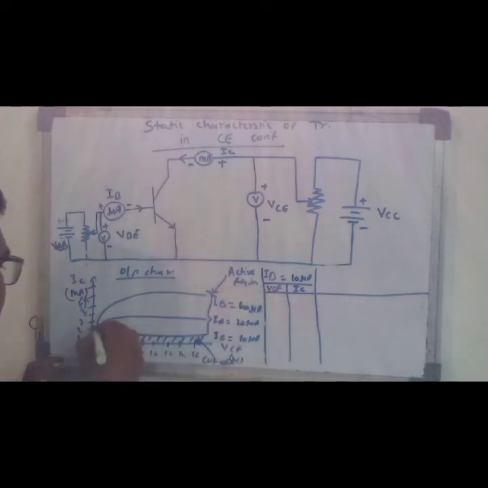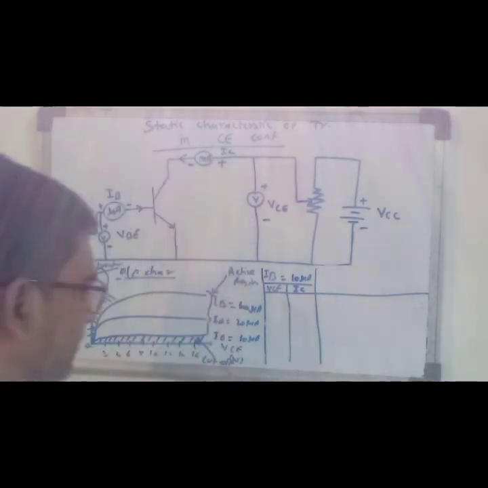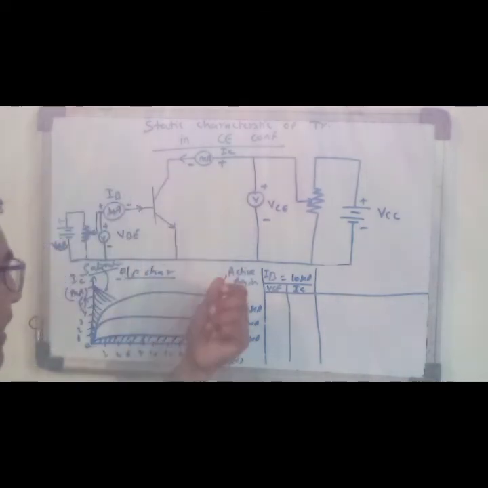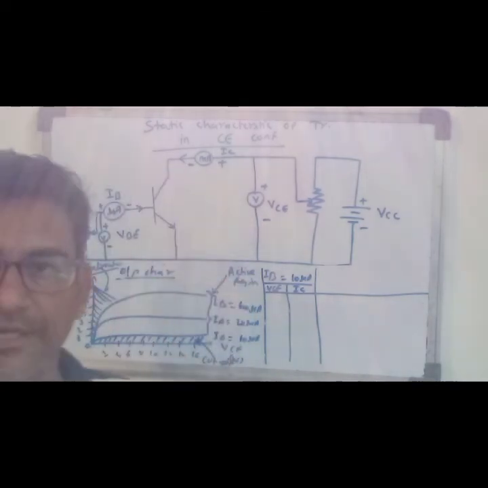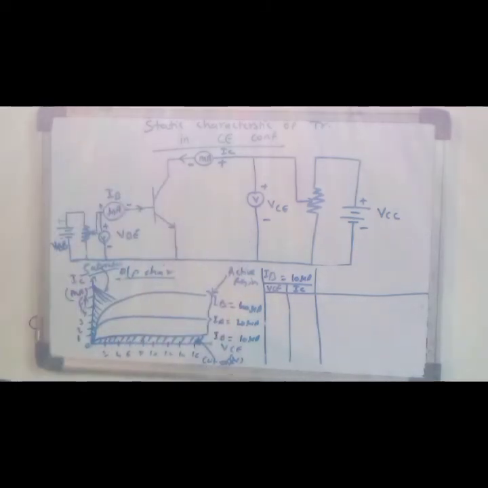And whatever is left behind this, it is called the saturation region. So in this common emitter configuration, we get three types of region: first is the cutoff region, second is the active region, and third is the saturation region. These three regions give you the characteristics.